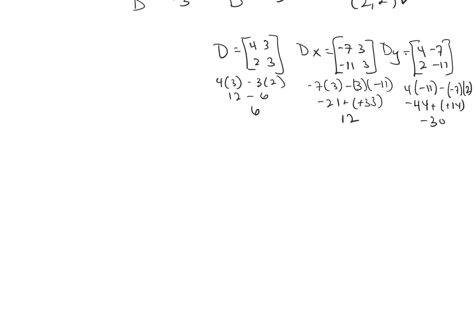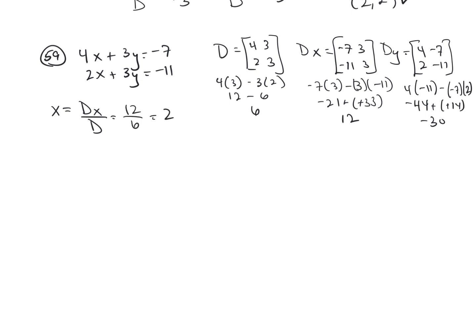Okay, so keeping in mind, remember how to solve for each variable. X is D sub x divided by D, so that'll be 12 over 6 is 2. And then y is D sub y over D, which is -30 over 6, so we get -5.